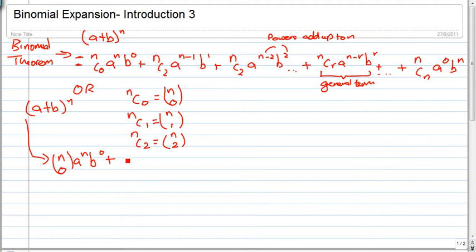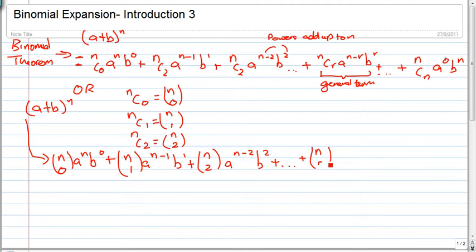And then the next term, and then the next term, which is the general term.